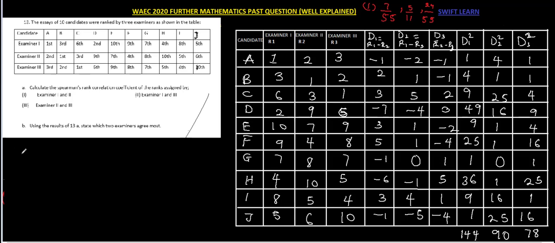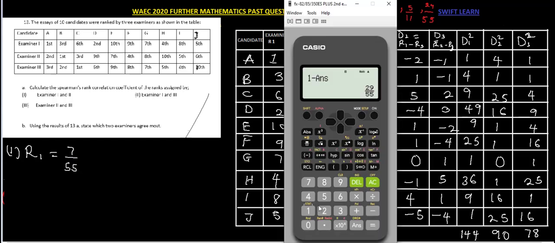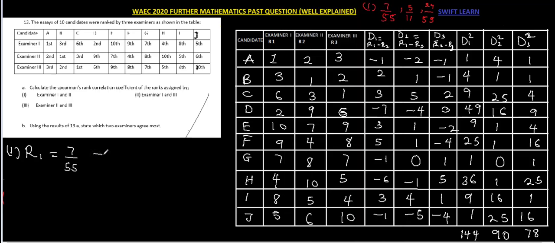Okay, using R1, for number 1 we said it's 7 over 55. So let's check what is 7 over 55 in our calculator. 7 divided by 55. The answer is 0.127.